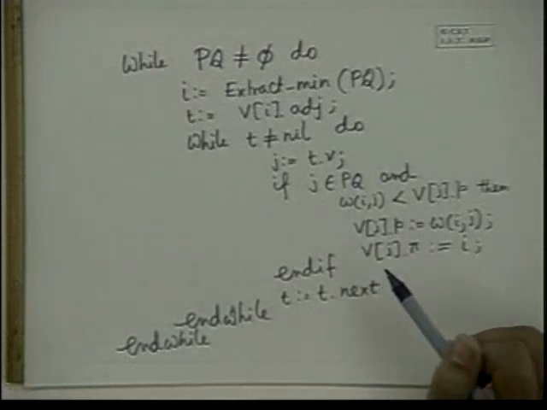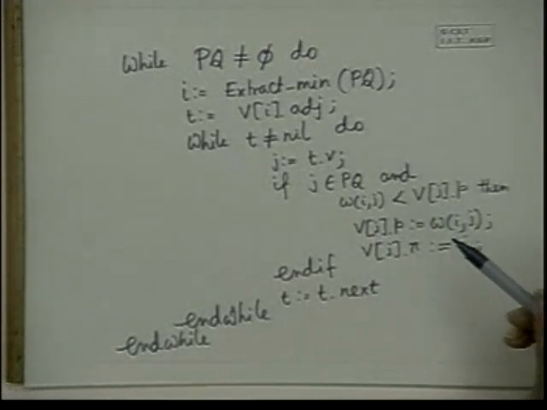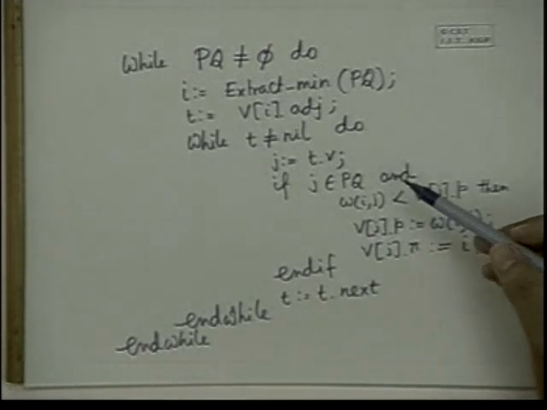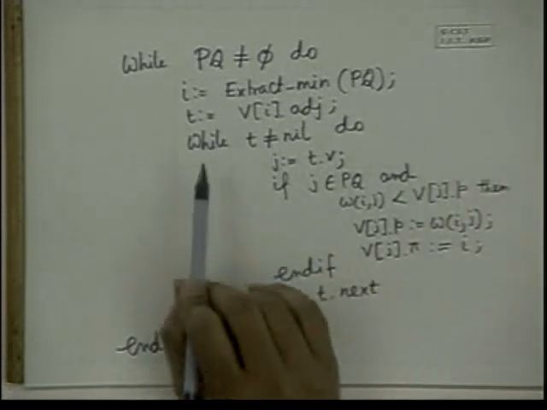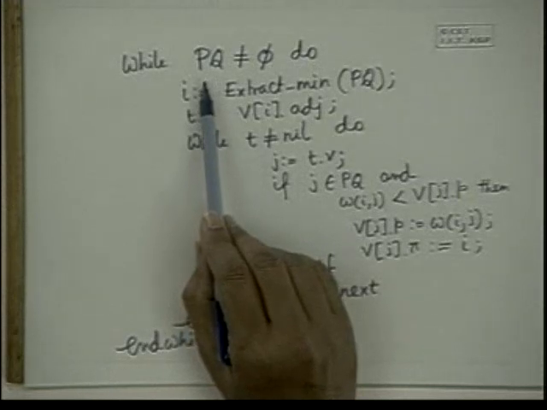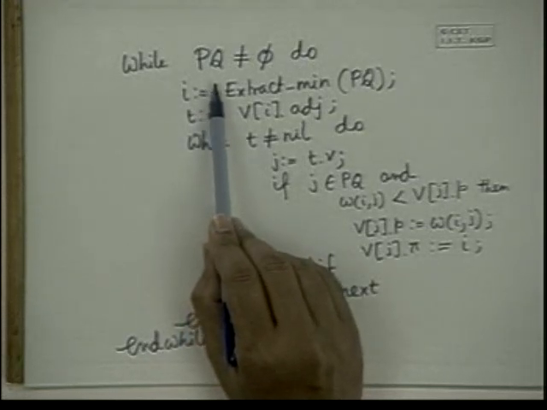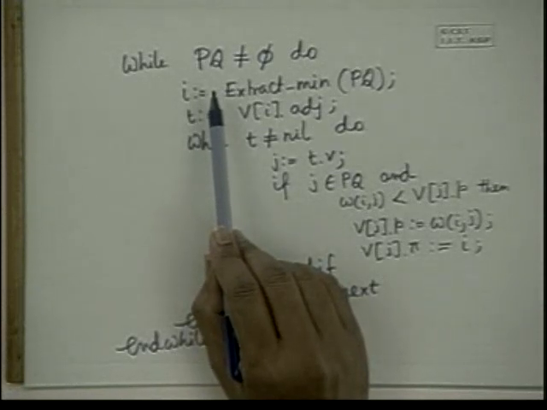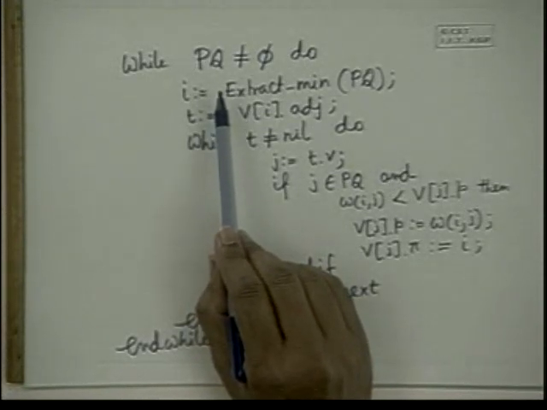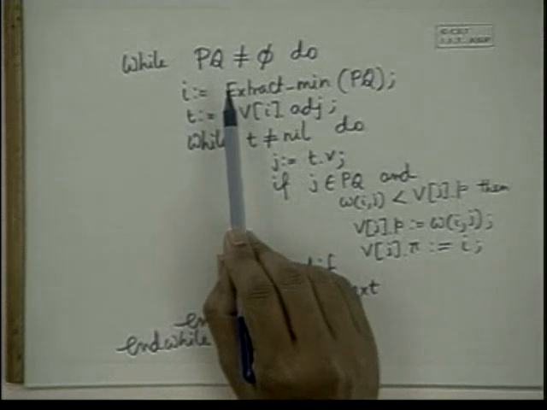Okay, so let me now explain what it is doing. So we already have the vertices with priority, and they are stored in a priority queue. So what you are doing, you are extracting the minimum from this priority queue. Initially what will be extracted?